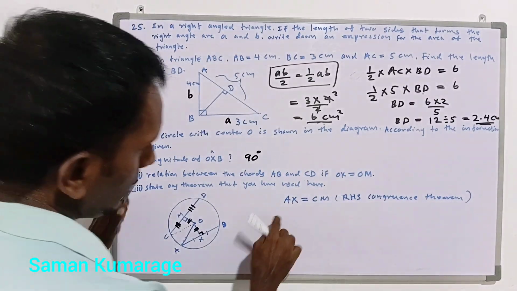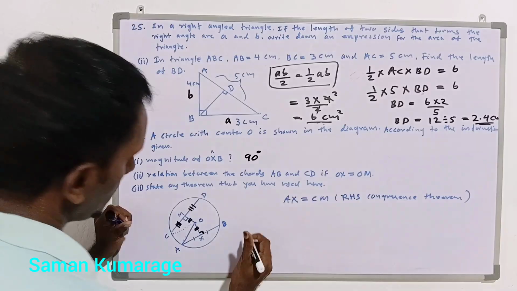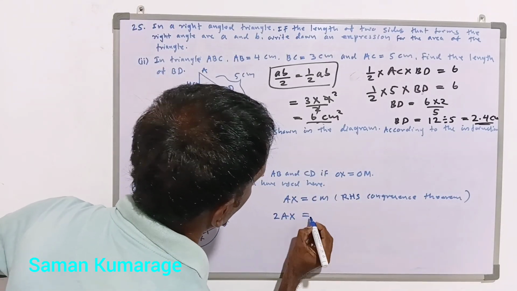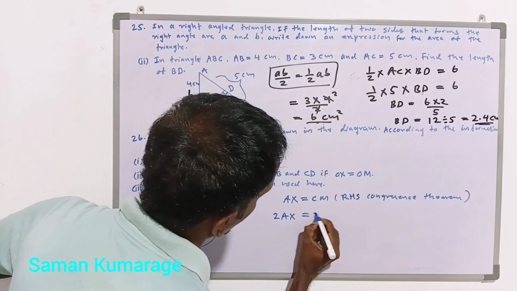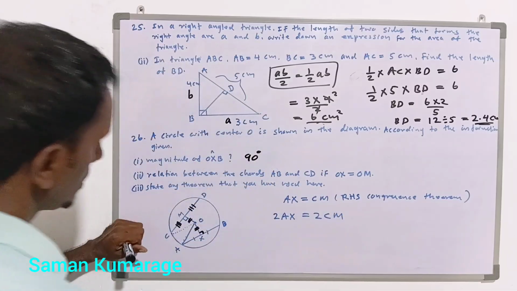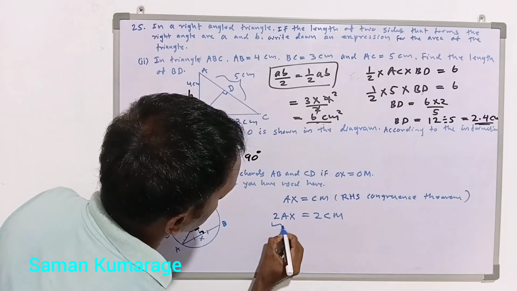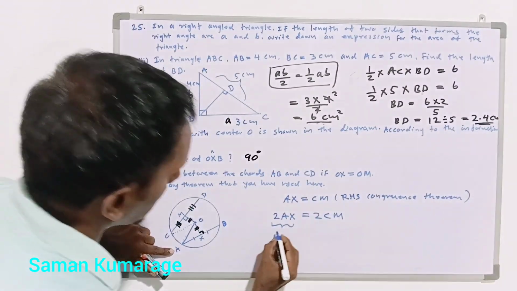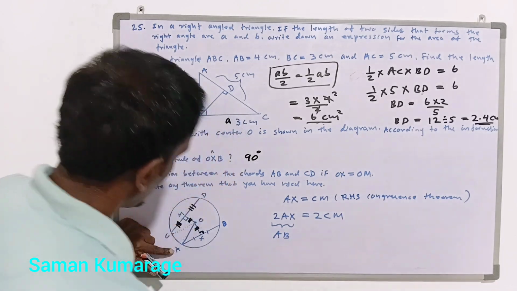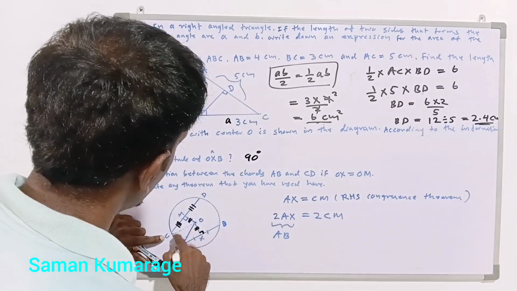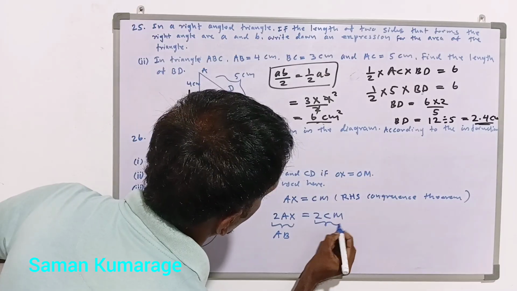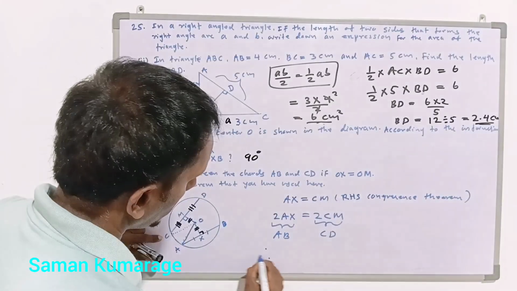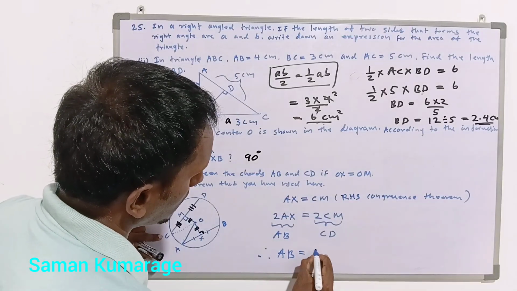So if AX equals CM, 2AX is also equal to 2CM. Here 2AX is AB, and 2CM is CD. Therefore, AB is equal to CD.